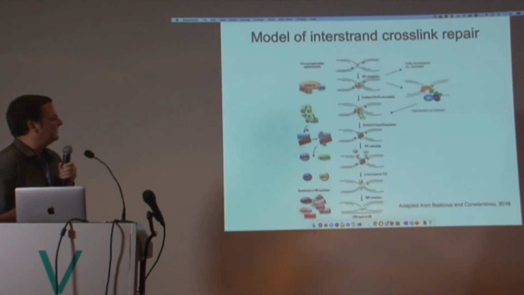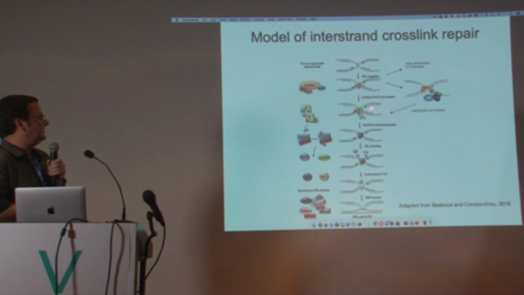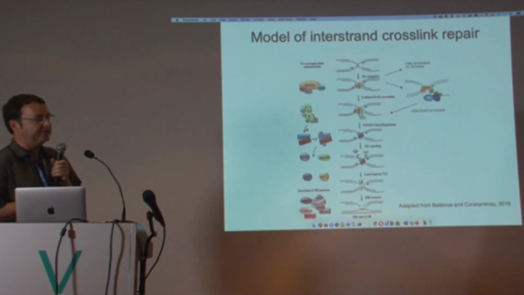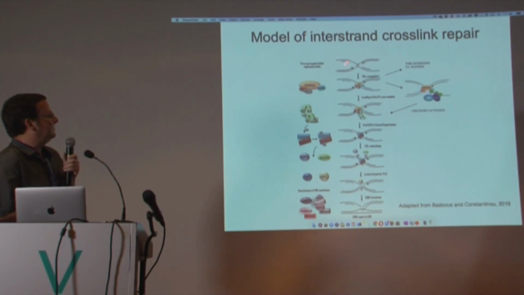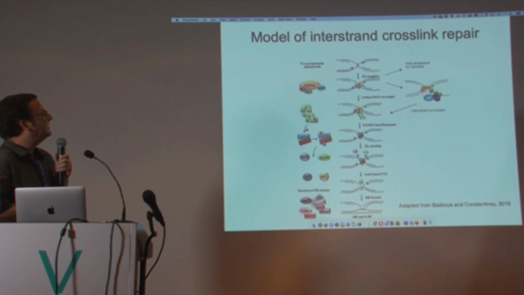which suggested a defect in the Fanconi anemia pathway, which is a fairly complex mechanism for removal of interstrand crosslinks, which is initiated when two replication forks converge on the crosslink.